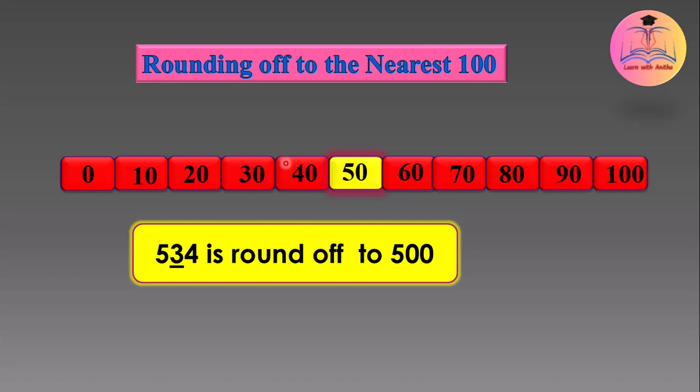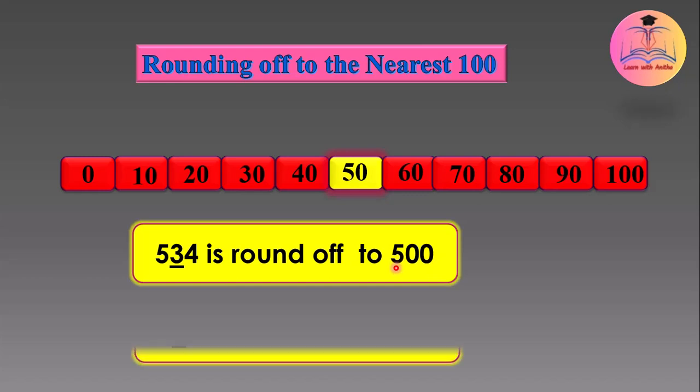So check whether it is less than 50 or greater than 50. Think and tell me. 34 is less than 50. So we have to put 0 in the tens place and 0 in the ones place. The hundreds place number remains the same.